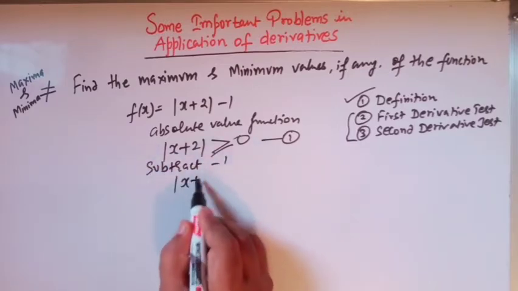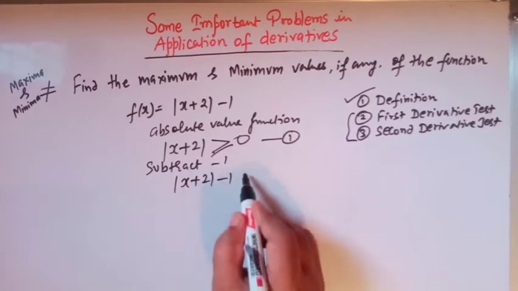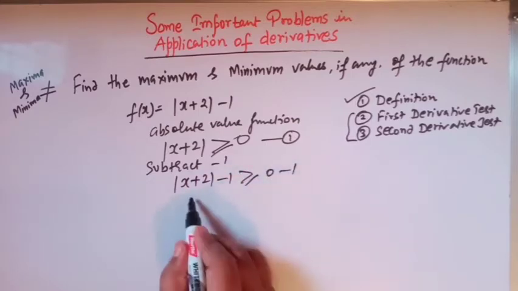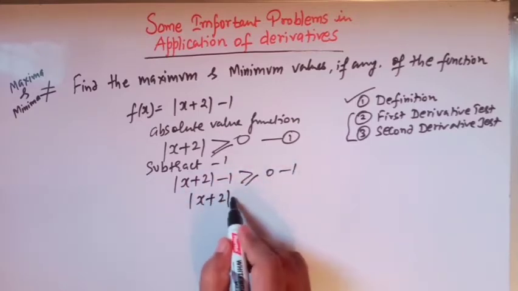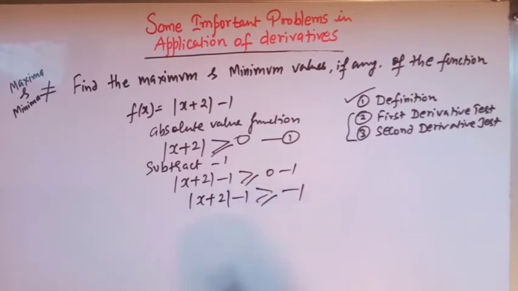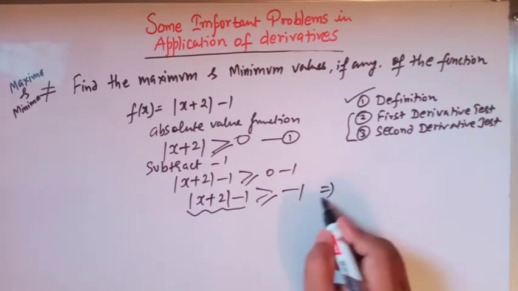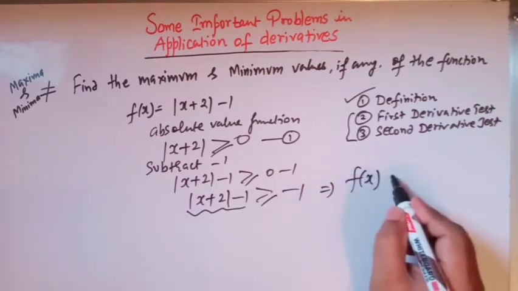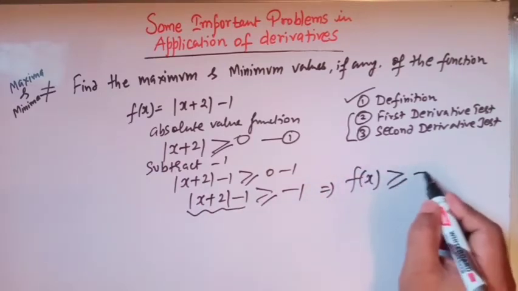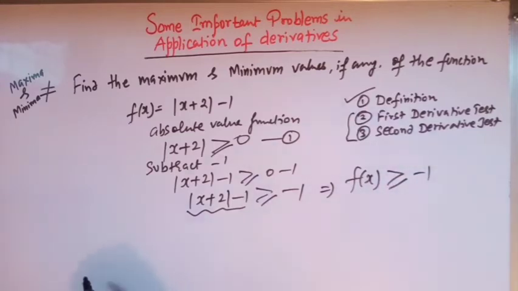So we have mod of x plus 2 minus 1 greater than or equal to 0 minus 1, that is, greater than or equal to minus 1. And this is f of x. So we have f of x greater than or equal to minus 1, right?